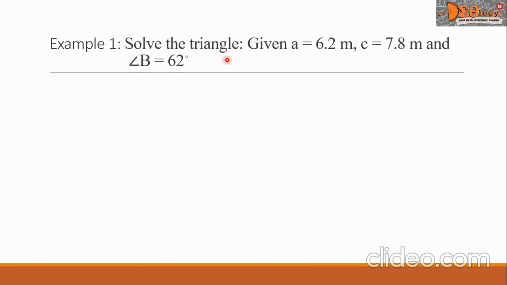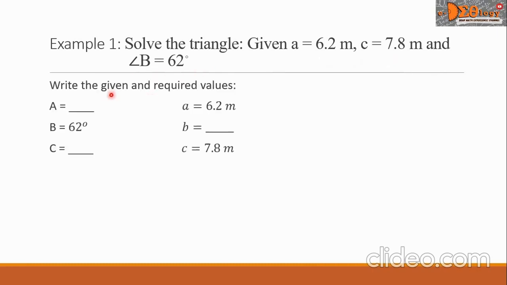Solve the triangle. Given side A equals 6.2 meters, side C equals 7.8 meters, and angle B equals 62 degrees. Let us write the given and required values. On this column are the angles, and the other column here is for the sides.